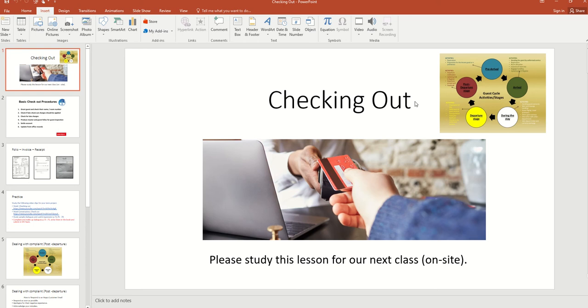Now, in your book, page 72 is about the sample dialogues again as usual. In the situation of guests who would like to leave the hotel, they check out.